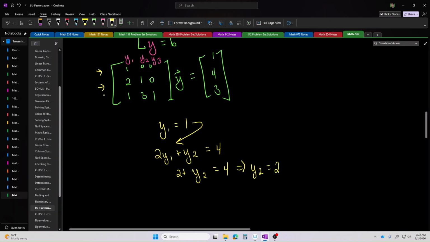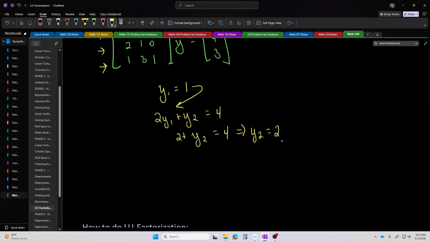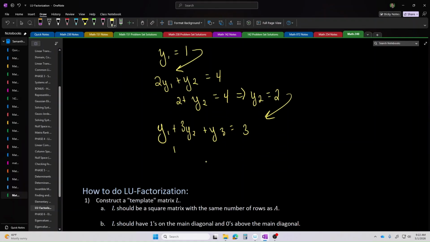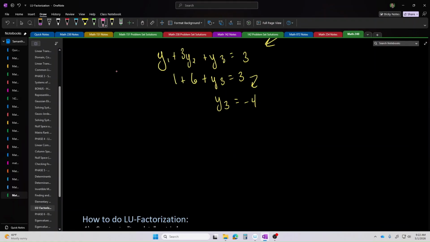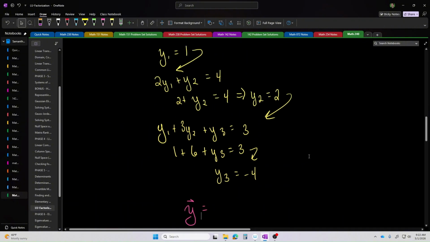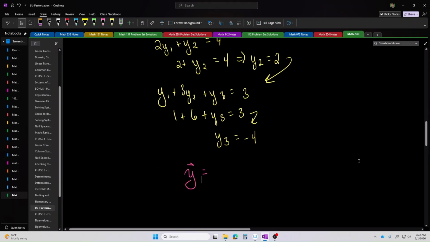Then reading the third row of this matrix equation, I get y1 plus 3y2 plus y3 equals 3. If I substitute in the values of y1 and y2, which we found earlier, I get 1 plus 2 times 3 plus y3 equals 3, and that forces y3 to be equal to negative 4. So I found the entries of the vector y. The vector y has entries of 1, 2, and minus 4.